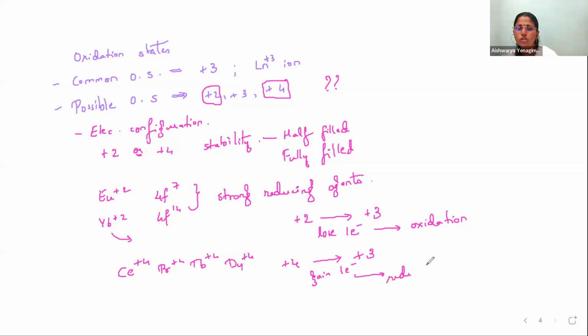Gaining of electron is reduction. That means they will help in oxidation, they themselves get reduced. Therefore, the ions of lanthanides which are in the +2 state act as strong reducing agents, and the ions of lanthanides which are in the +4 state act as strong oxidizing agents. Very important concepts. Clear with this? Okay, fine.